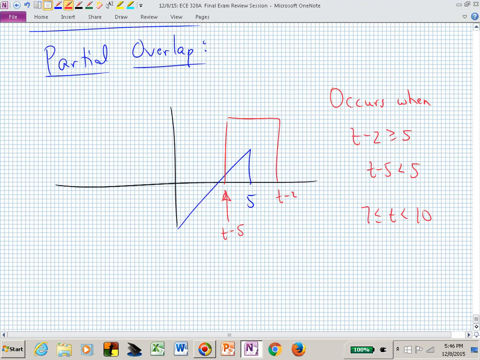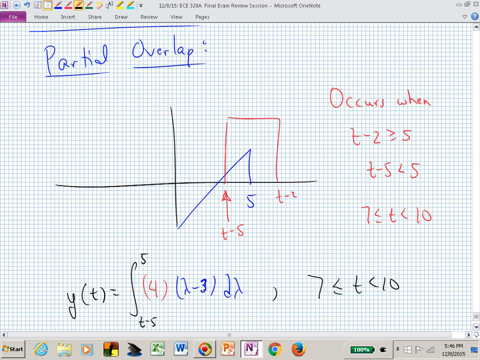And what's the integral? Do you see the integrand is not changing? It's still 4 and lambda minus 3 d lambda. And what are my limits of integration? And that's true as long as t is between 7 and 10.